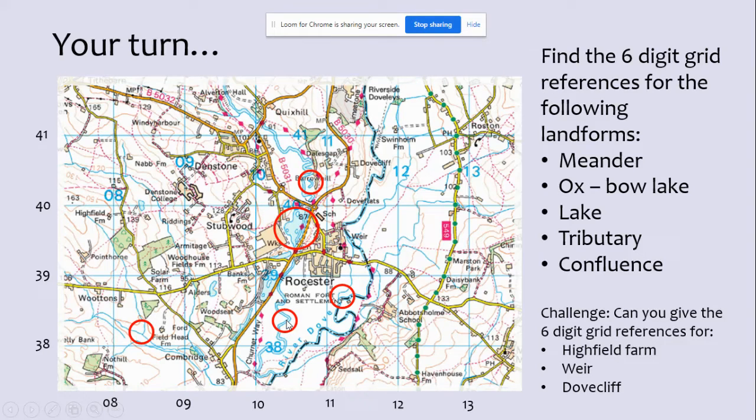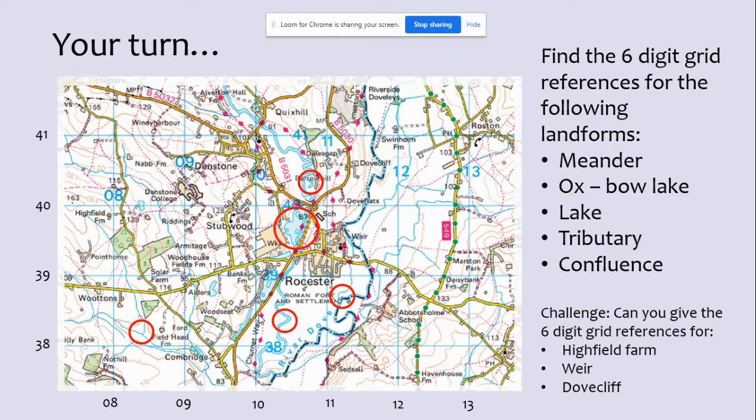So we're going to go with 4. So we go 10, 0, 4, and then on 38. So we can see into box 38 here, it is about, again, probably just under halfway, about 4. So I would say the grid reference for that is 1, 0, 4, 3, 8, 4. So use that to help you and have a go at the other ones.